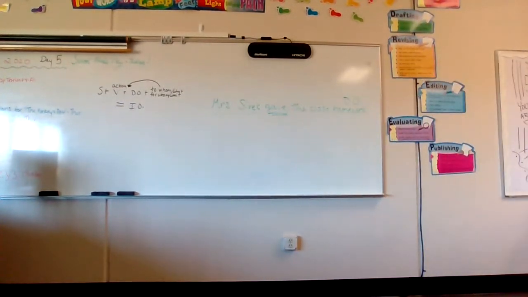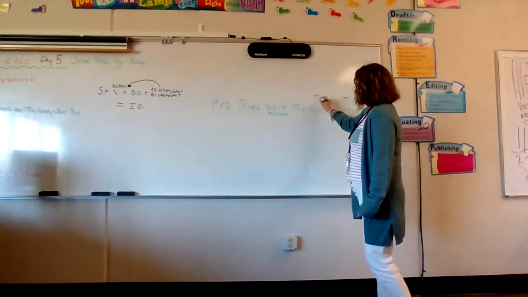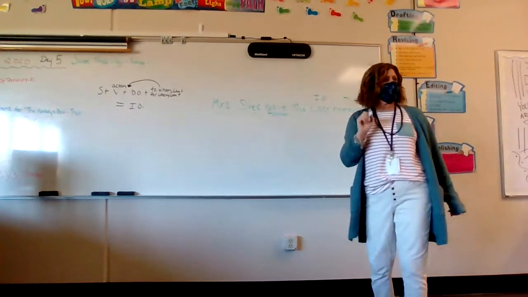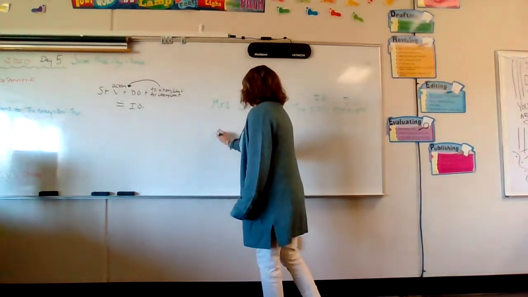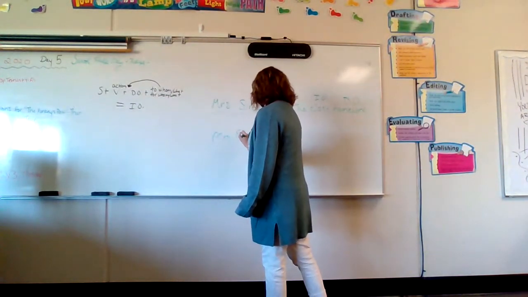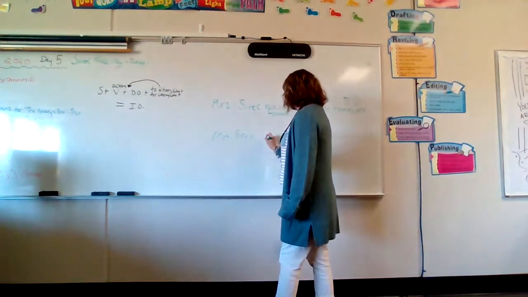Okay. Mrs. Sirik gave homework to whom? The class. To the class. So what is class? Indirect object. Awesome. You guys have that down. Now, let's say I flip it around, because you can say it this way too, and this is correct too.